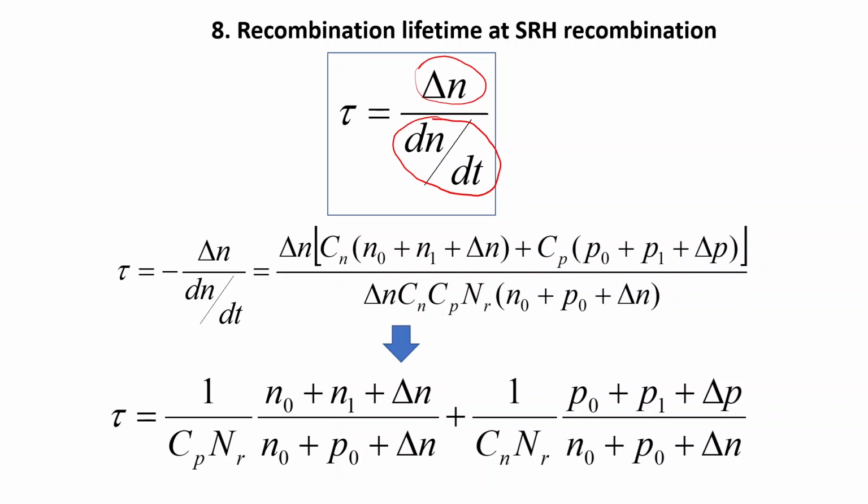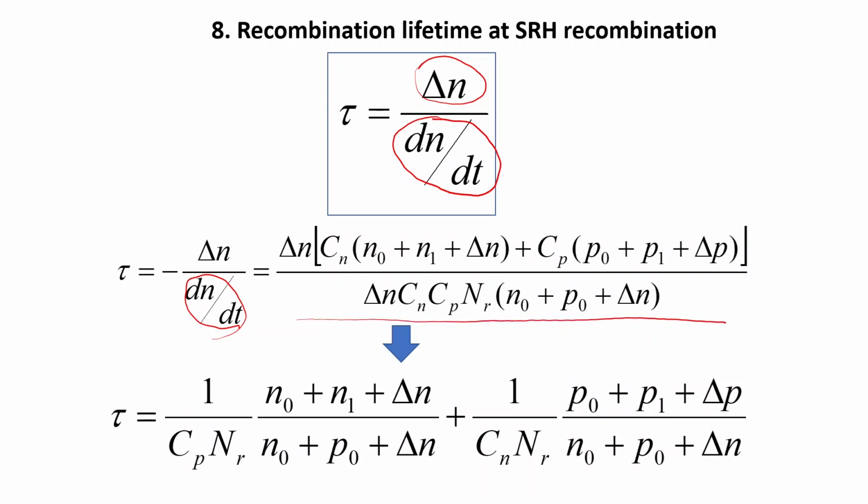So taking this into account, substituting instead of the net recombination rate the equation we derived on the previous slide for trap-assisted net recombination rate, we get the following equation here.